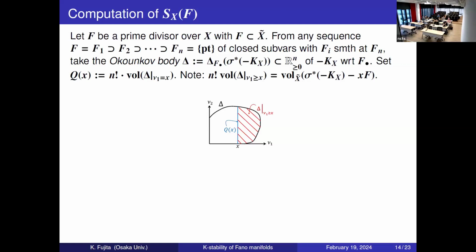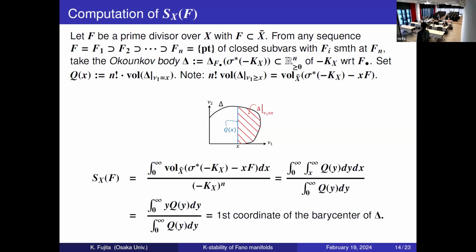So let us take Qx to be this blue restricted volume. Okay, now what is Sx of F? Recall that Sx of F is defined as a quotient.